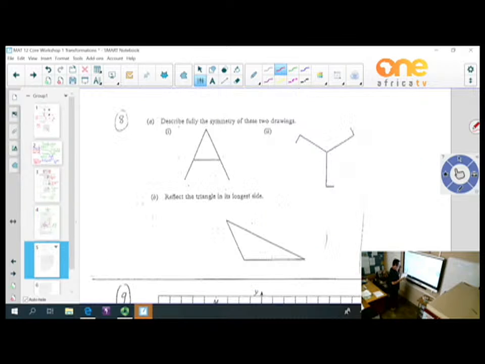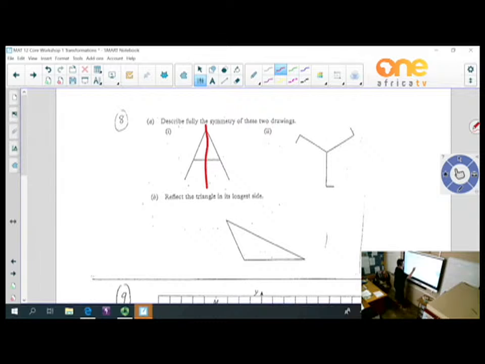Right. Next page. Describe fully the symmetry of these two triangles. That means lines of symmetry and order of rotational symmetry. Now, this one has one line of symmetry there in the middle, and the order is 1. You can only turn this one once.